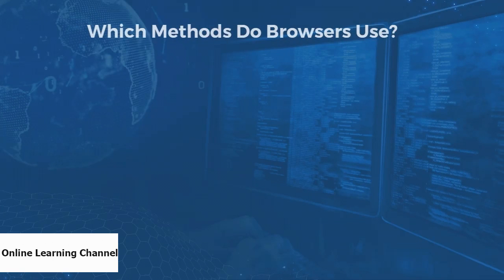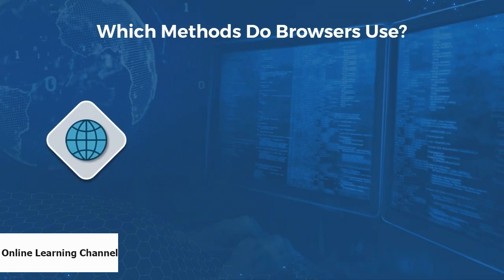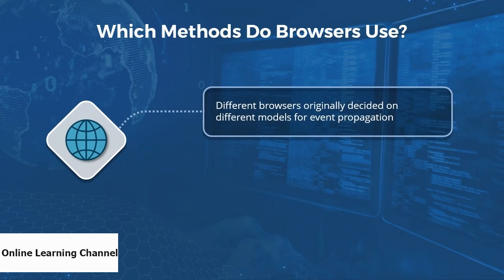There is actually a little bit of history behind why browsers have now chosen to implement both of these techniques. Originally, different browsers decided on different models for event propagation. So, certain browsers went with event capturing, others went with event bubbling. As you might imagine, this soon got to be very, very confusing.